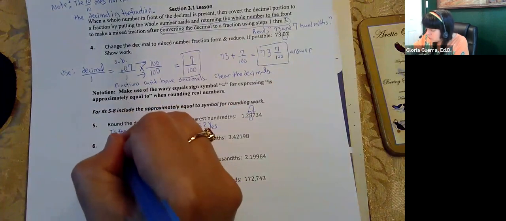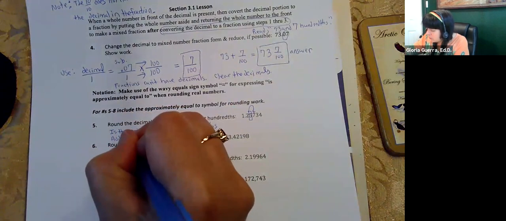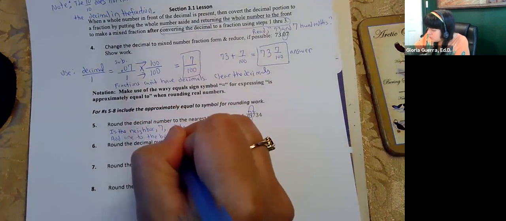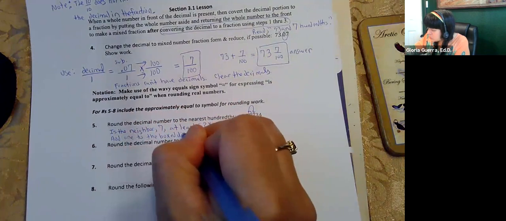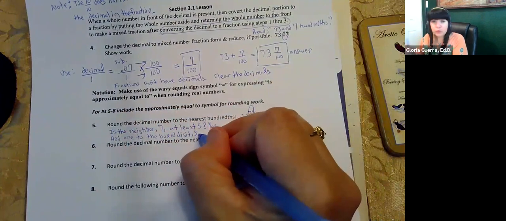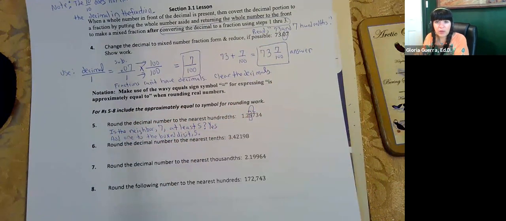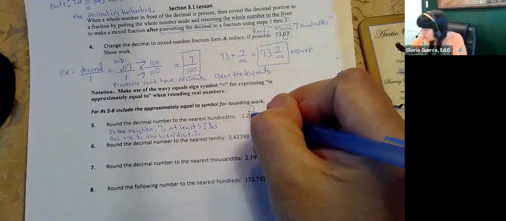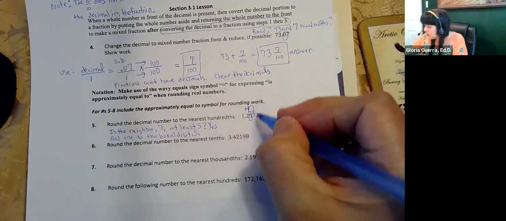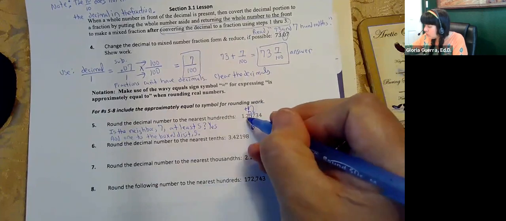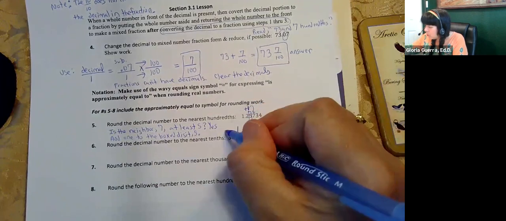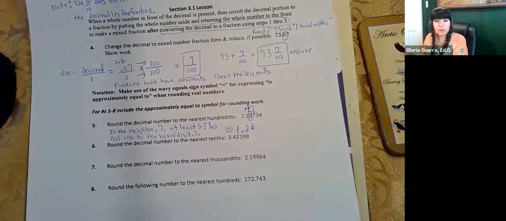What you're going to have to do is add 1 to the boxed digit, which was 5. So above that, I'm going to put a +1. And then 5 plus 1 is 6. And then this is just a 2 decimal point 1, and then approximately equal to, okay?